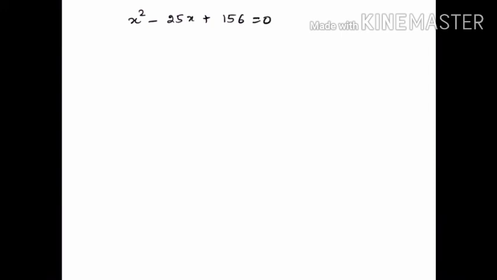When you have such big numbers like 156 in this case, it's better to use the method of factorization instead of quadratic formula. So the product here is plus 156. Find the factors of 156. Since it is even number, we start with 2 into 78.